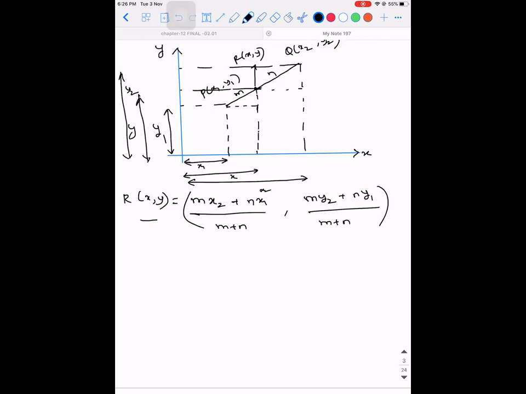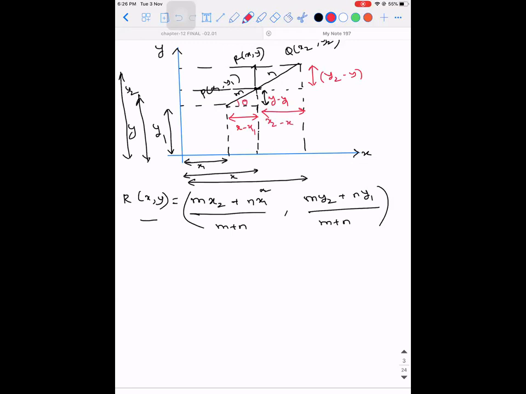How much is this distance, guys? I've drawn an arrow mark. It is y minus y1. How much is this portion? y2 minus y. Similarly, how much is this portion? x minus x1, and this will be x2 minus x.